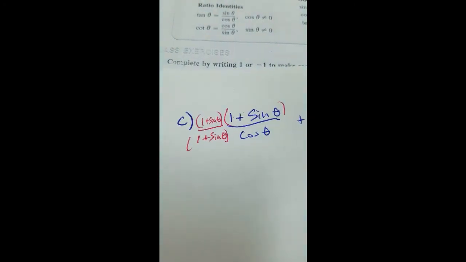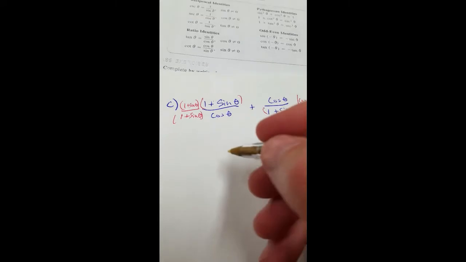So I'm going to multiply top and bottom by 1 plus sine of theta over 1 plus sine of theta. Sorry, it's messy. Okay, go back to blue. Well, what does that do on top?